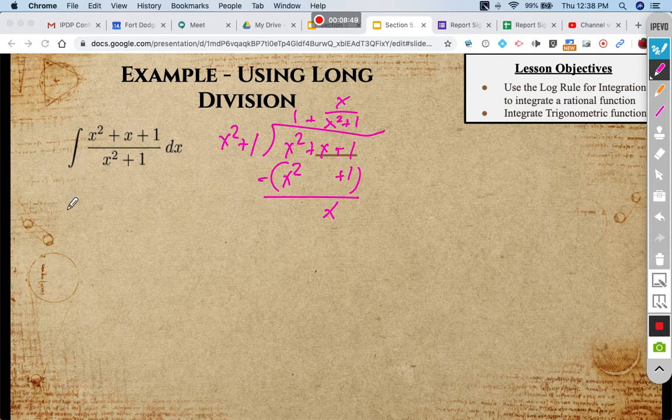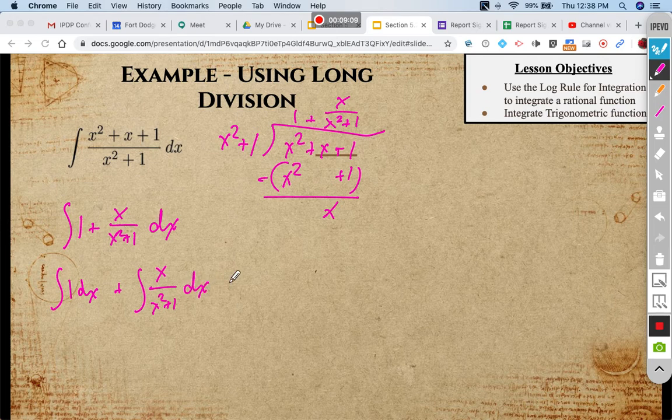So now we can rewrite this integral as the integral of 1 plus x over x squared plus 1 dx, which I can make the integral of 1 dx, I like that one, plus the integral of x over x squared plus 1 dx.